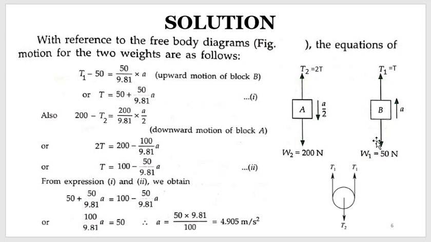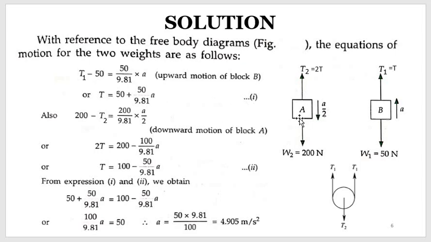Keeping that in mind, the net force F is equal to ma, mass times acceleration. For block B, T1 is the force acting in the direction of motion, so it is positive. So T1 minus 50, since the weight is negative as it acts opposite to the direction of motion, is equal to the mass, 50 by 9.81, into A. From that, T is equal to 50 plus 50 by 9.81 into A, and mark it as equation number 1.